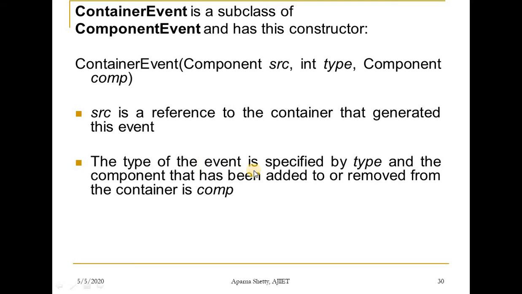The type of the event is specified by type, and the component that has been added to or removed from the container is represented by comp. Type is the type of the event. And finally comp represents the component that was added or removed from the container.